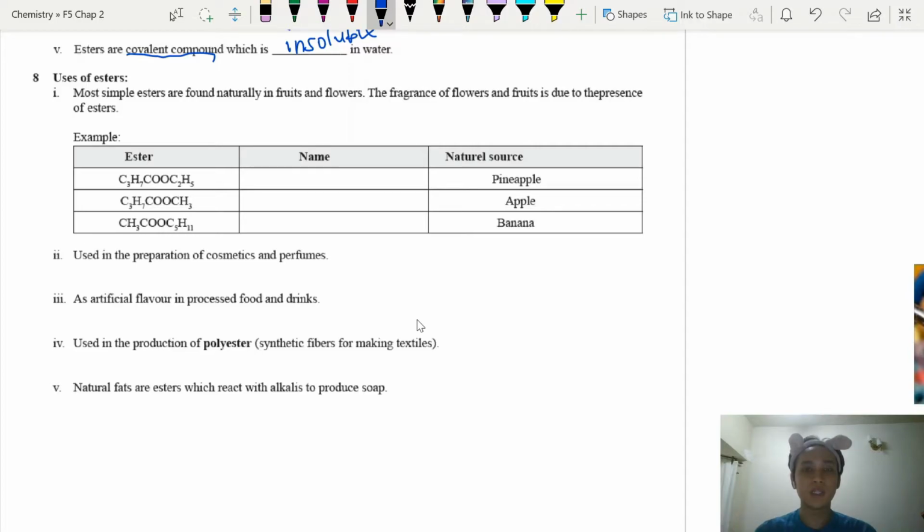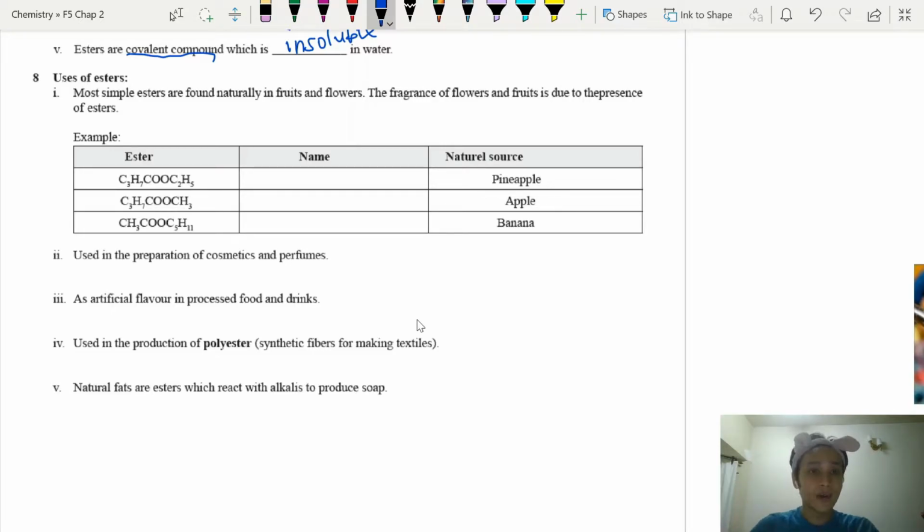In other words, they will give you a picture and say it maybe contains a flavoring of a certain type of ester, and so on. Questions nowadays focus a lot on application. You need to identify, when they give you the picture or diagram, which topic or subtopic it is regarding. Especially in organic compounds, there is a lot of application.